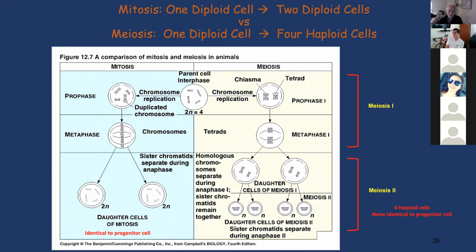So this is where you can contrast the two processes. The goal of mitosis is to give identical products. The goal of meiosis is to give non-identical products. Every product of meiosis is different from the progenitor cell because of the two genetic variation processes that I've mentioned over and over.